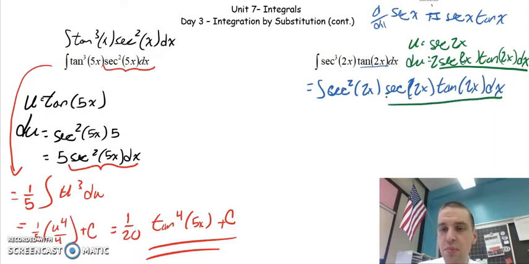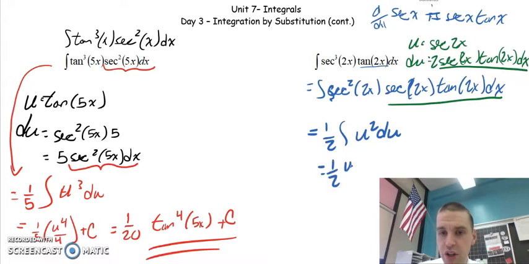And so all I have to do is put a 1/2 out in front to get rid of that 2, and I'm left with 1/2 the integral of u squared du, because that's where I got secant squared. And I know what this is, 1/2 u cubed over 3 plus c, which equals 1/6 secant 2x plus c.